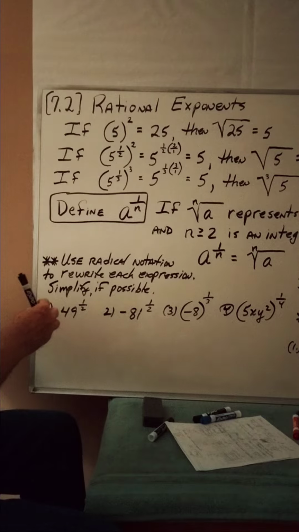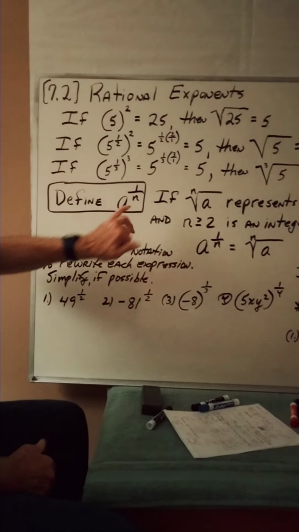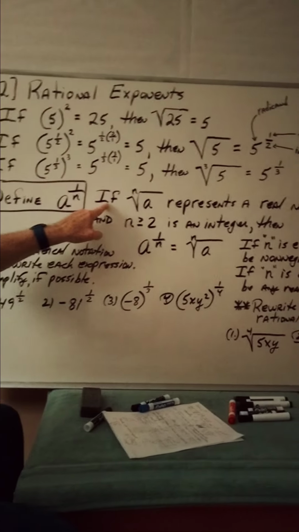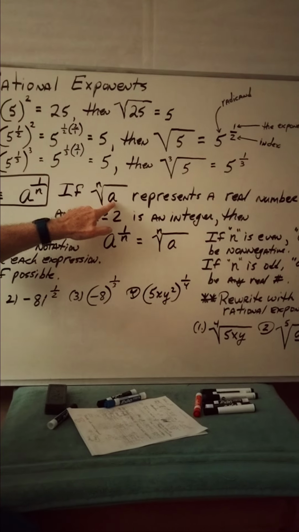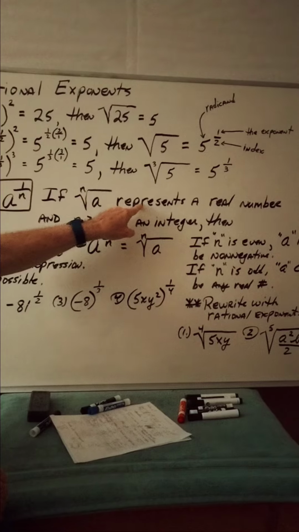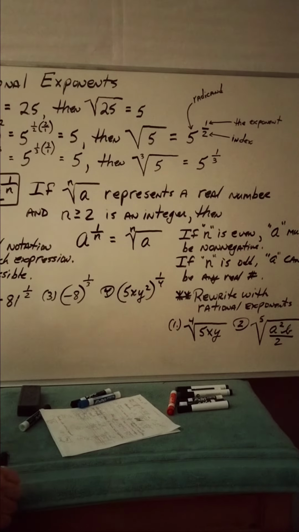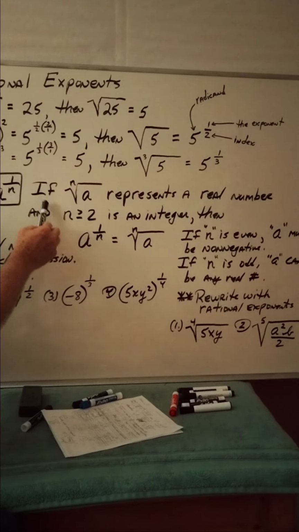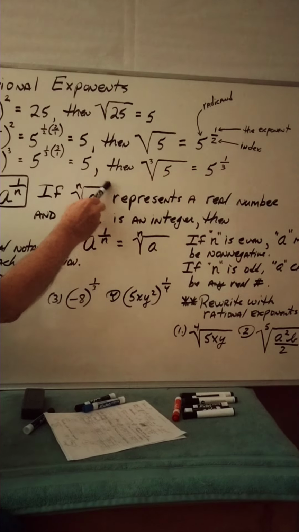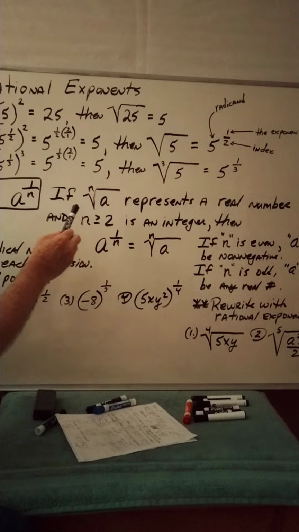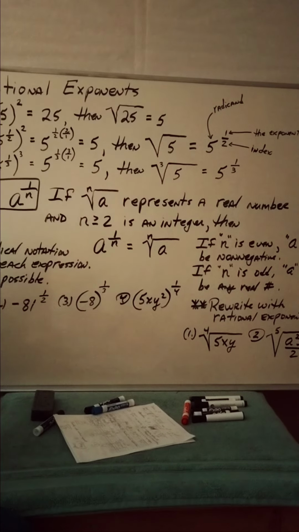And here's what this definition says. If the nth root of a represents a real number, so all we're saying at the beginning of this defined statement is that this radical expression right here represents a real number.